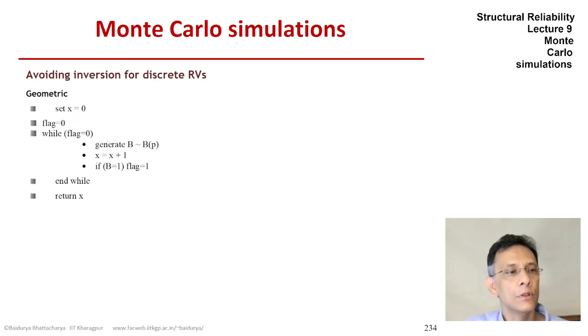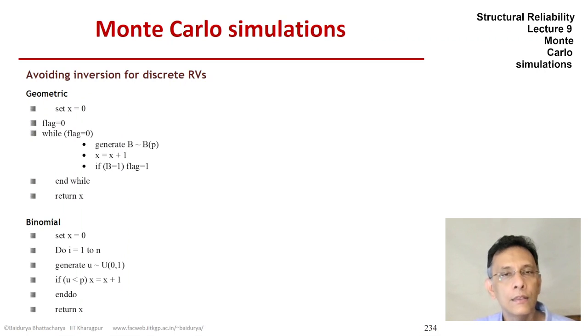So for example, to generate the geometric random variable, if we wanted to avoid inversion, the comparison, we keep generating Bernoulli random variables with parameter p until the first success occurs. The first time that b is equal to 1, we exit the while loop and return the value.